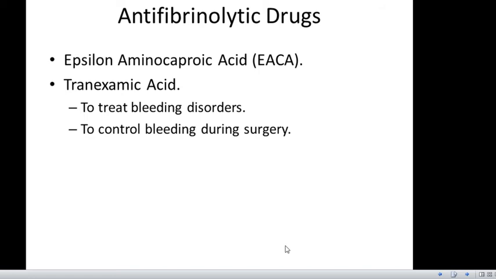Antifibrinolytic drugs. These include epsilon aminocaproic acid and tranexamic acid. These drugs are used to treat certain bleeding disorders as well as to control bleeding during major surgical operations.